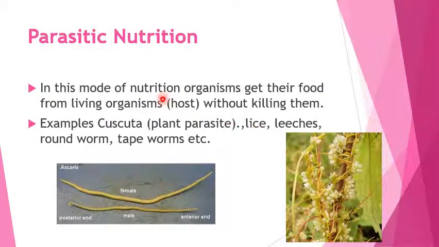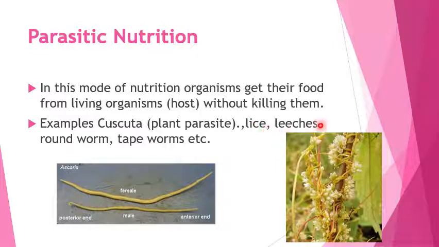Next is parasitic nutrition. In this mode of nutrition, organisms get their food from a living organism, which is known as the host, without killing it. Example is Cuscuta, a plant parasite; this is the image of the plant parasite.